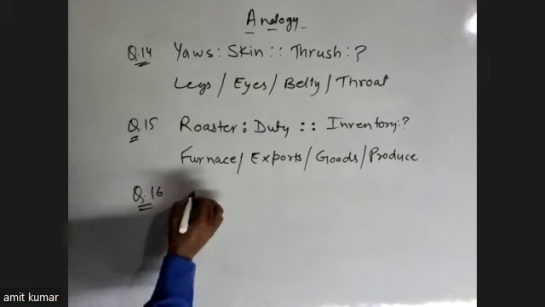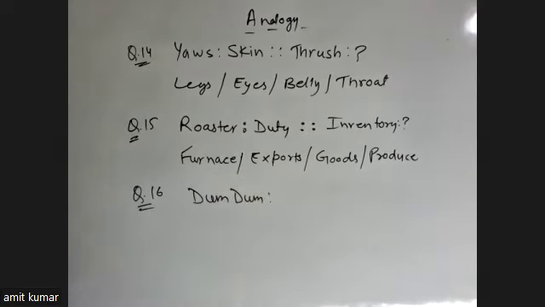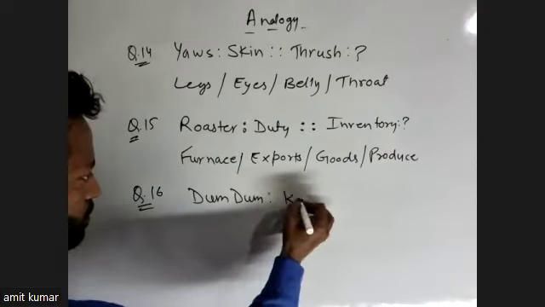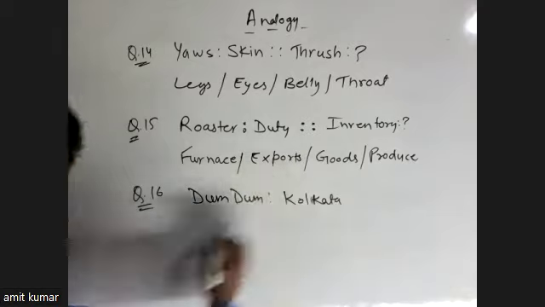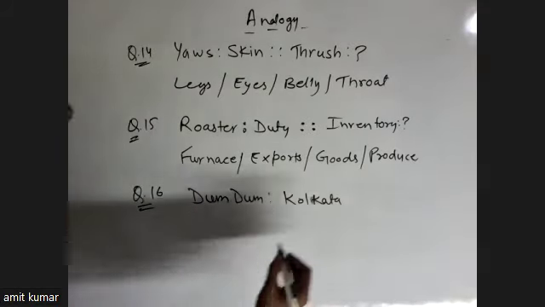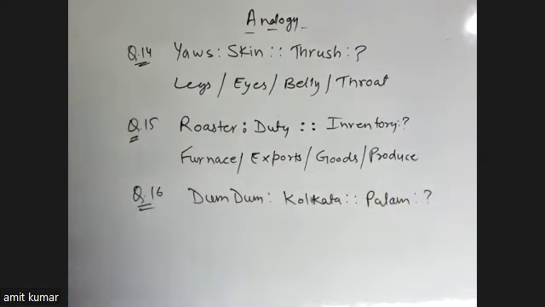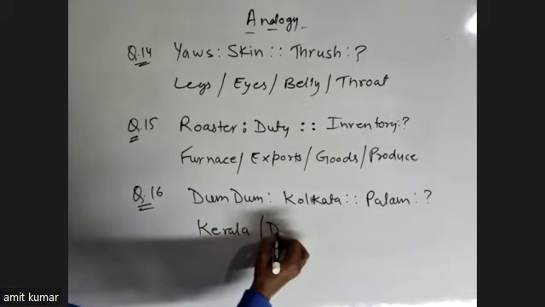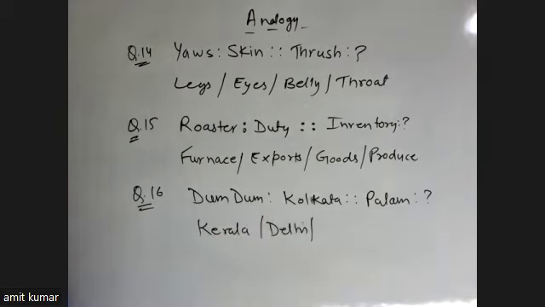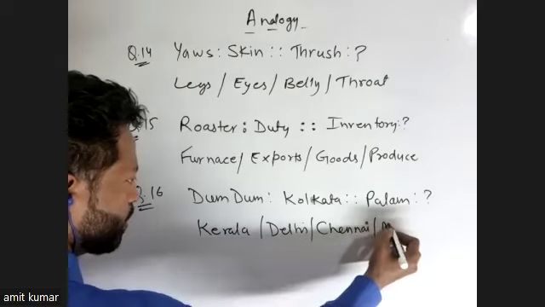Question number 16. Dum Dum is related to Kolkata. Similarly, Palam is related to what? Kerala, Delhi, Chennai, Mumbai.